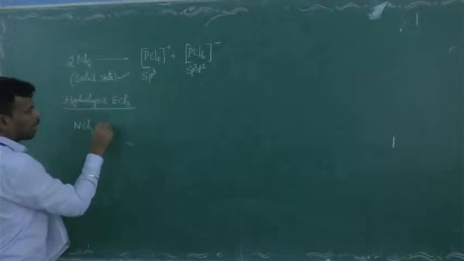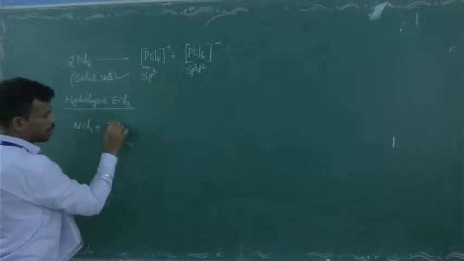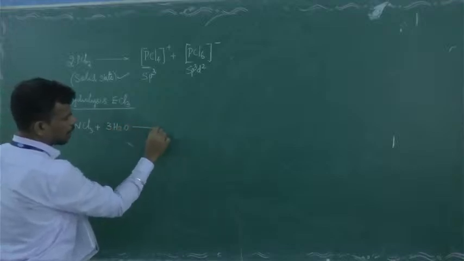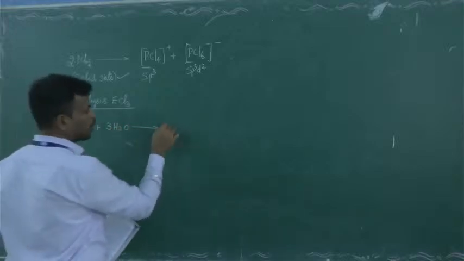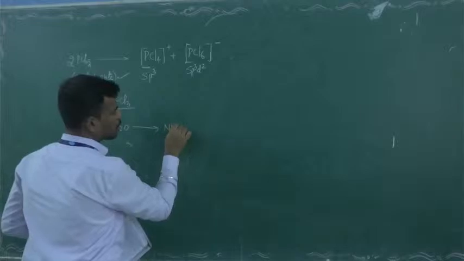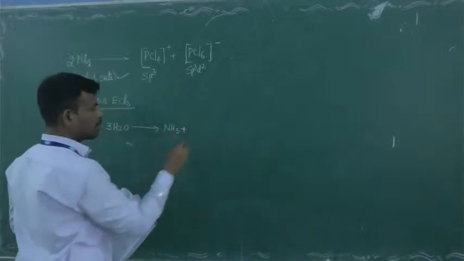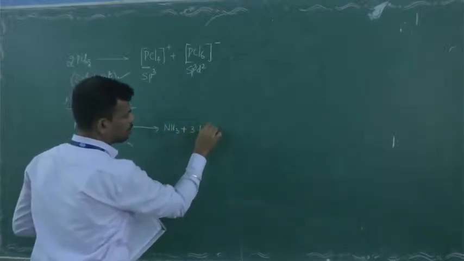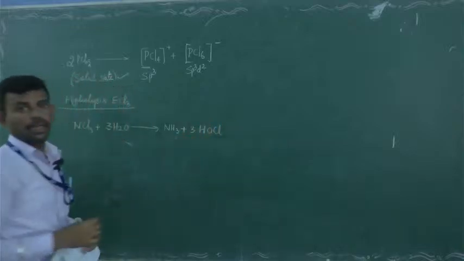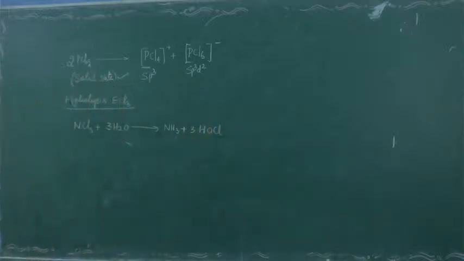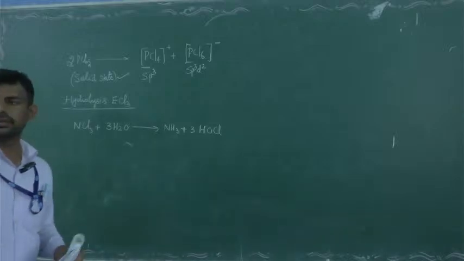Hydrolysis means you treat with water. It gives ammonia plus HOCl, that is hypochlorous acid. If you hydrolyze NCl3, you will get hypochlorous acid.